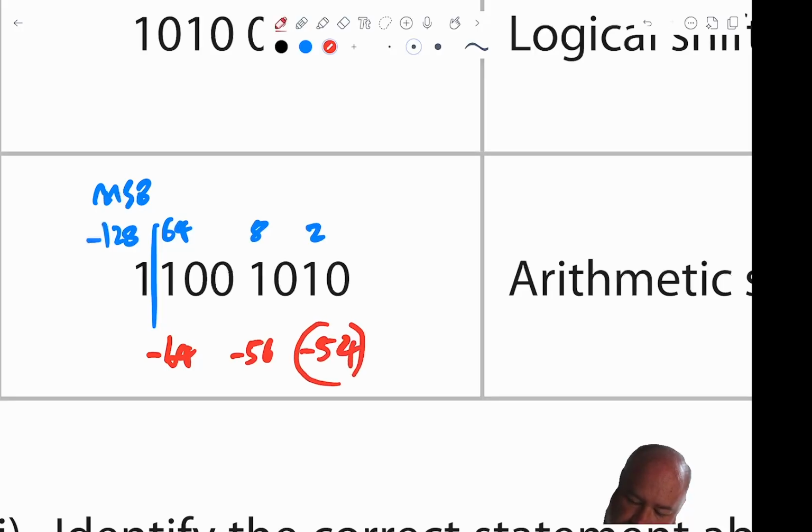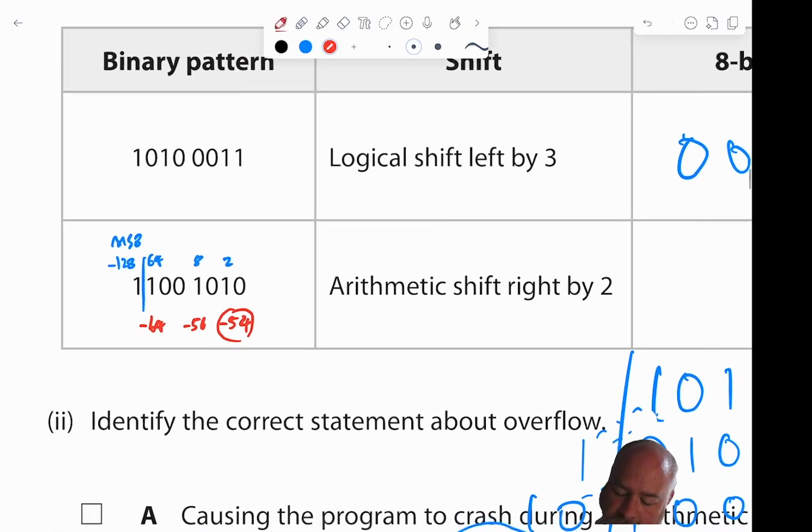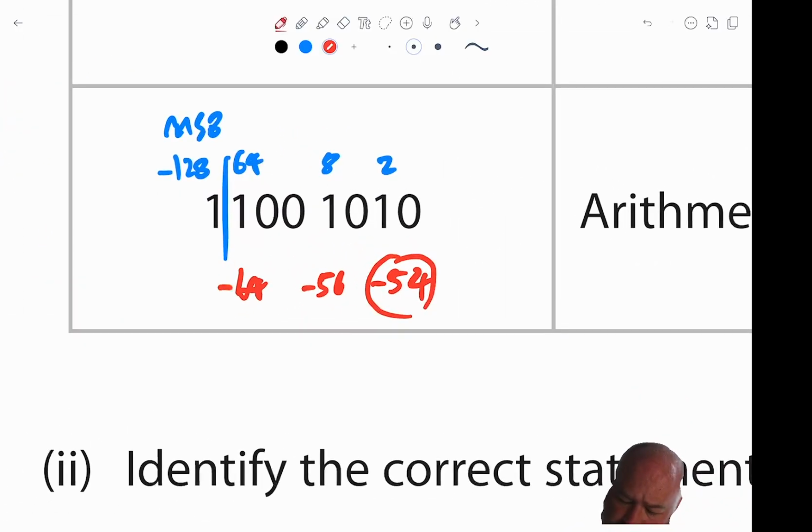So this number is minus 54. If I keep on moving it to the right, first of all, minus 27, and if I divide it again, I can't do it evenly, so I'm going to lose some information. So we'll see what happens.